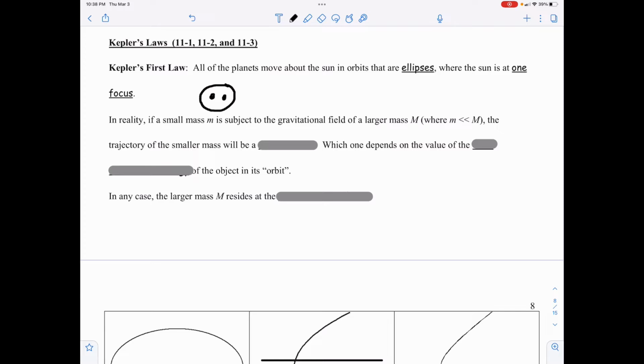Now, what makes an ellipse interesting is that if you take any 2 points, so say for instance I take this point, the distance from that focus point to, let's say, that point on the edge of the ellipse, and this focus point to that point on the ellipse, and I add those up, we call this pathway 1 and pathway 2.